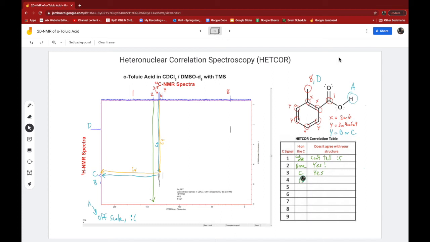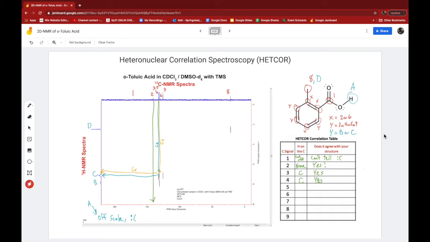Does that agree with our predictions? So C4 is a Y, one of the Y carbons. And the hydrogens on the Y carbons are C or B. So yes, it agrees as well. Some of this is kind of obvious, but hopefully you can see with the more complicated molecule or different molecules, you'll get more information out of it.